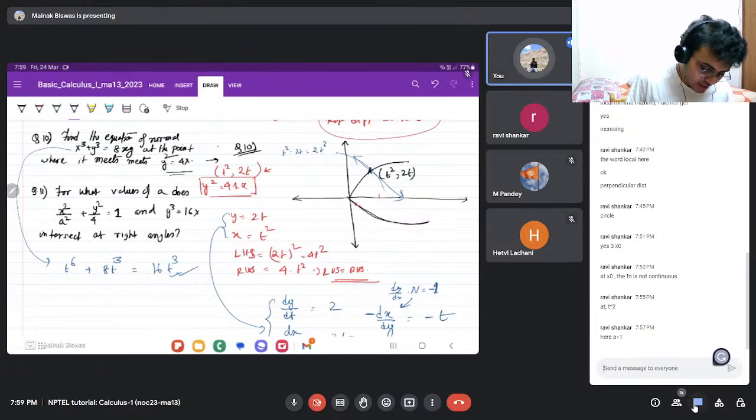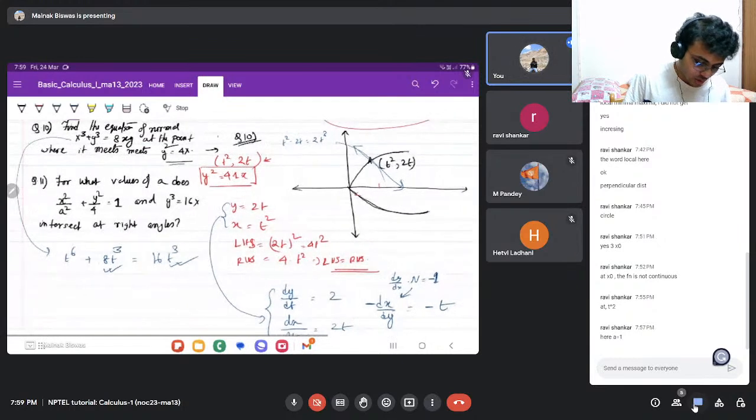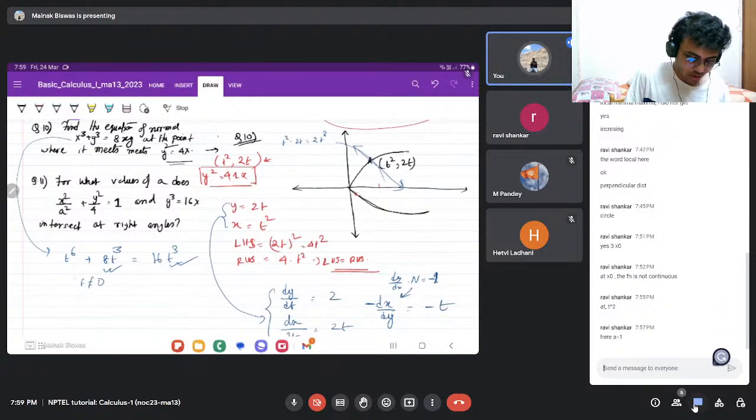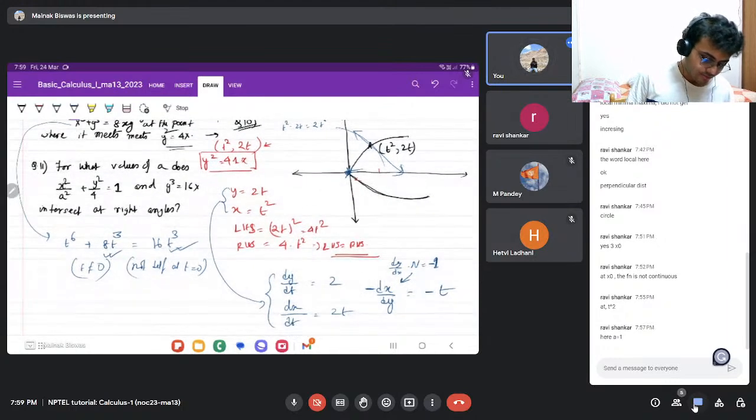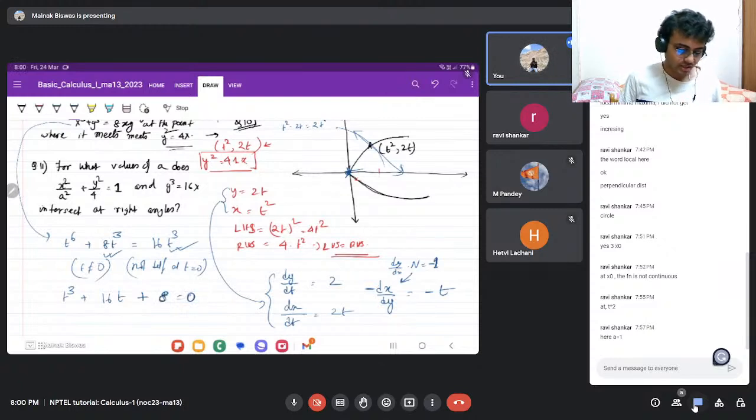Left hand side is y cube. Y cube is 2t cube. So t is not equal to 0 since it is not differentiable at t equal to 0. Agreed? This is the point of not differentiable. So I'll get t cube plus 8 or 16 t plus 8 is equal to 0. Right?